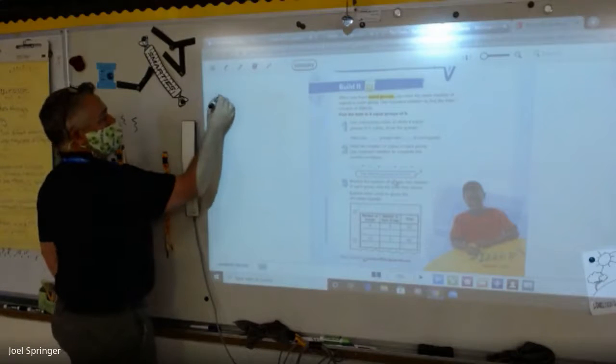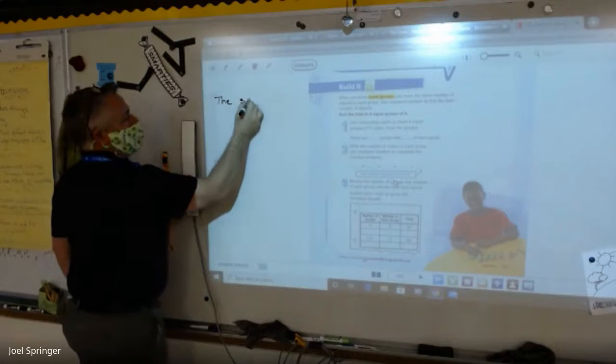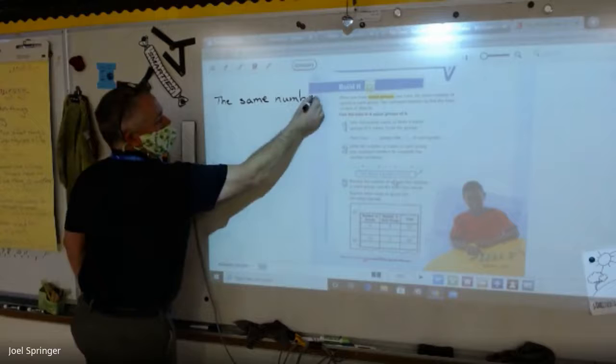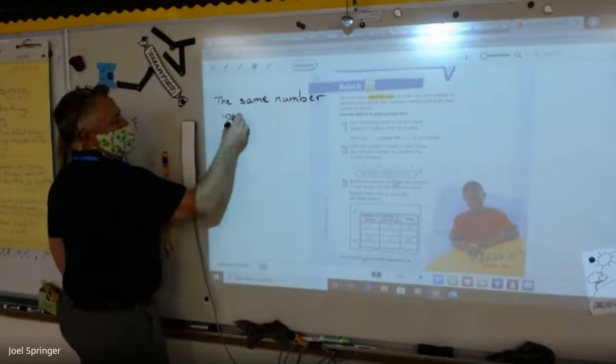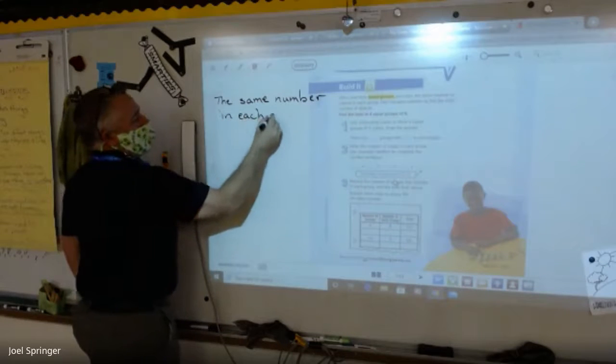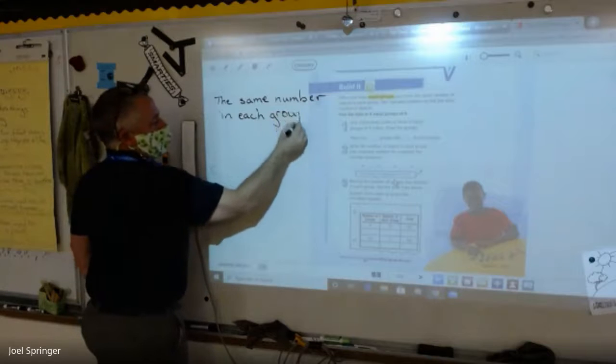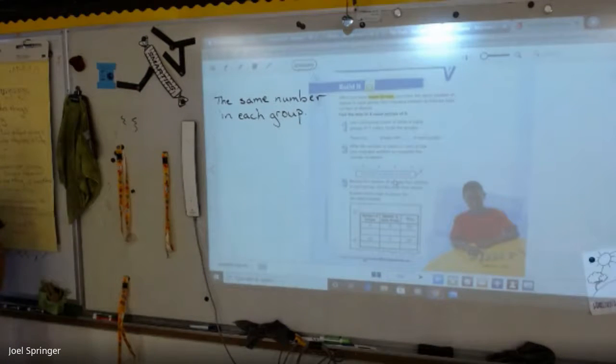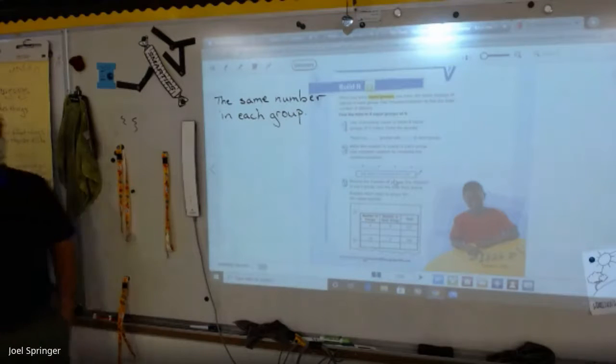Ready? The same number in each group. Because that's what equal groups mean. So write down the same number in each group.